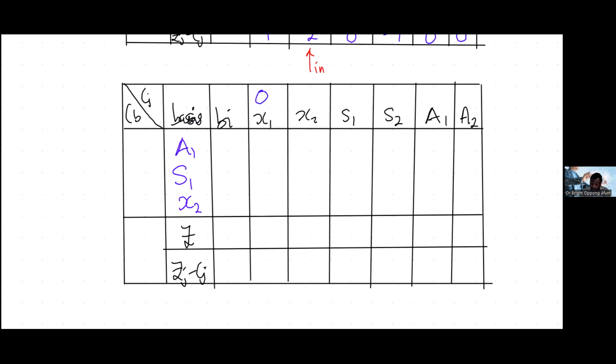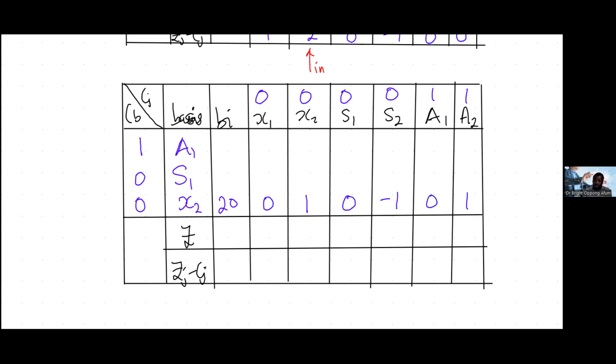So we have 0, 0, 0, 0, 1, and 1. The new BI for X2 is 20 because we calculated it, right? So everything will be divided by 1, so they remain the same. So we have 0 here, 1, 0, -1, 0, and 1.